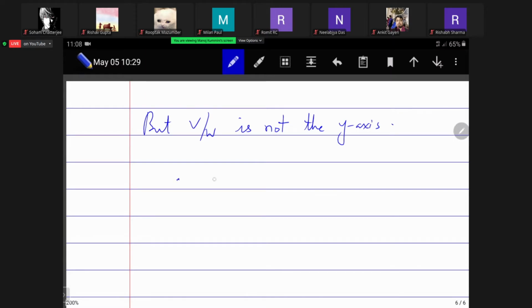For one, V mod W is not a subset of V in any natural way, but the y-axis is.